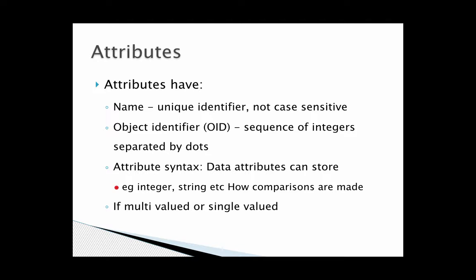Okay, attributes. Attributes have a name, obviously. We need a unique identifier to be able to get to them. Not case sensitive, unlike most things in Linux and Unix. Object identifier is a dotted sequence of integers. No, we won't use that.